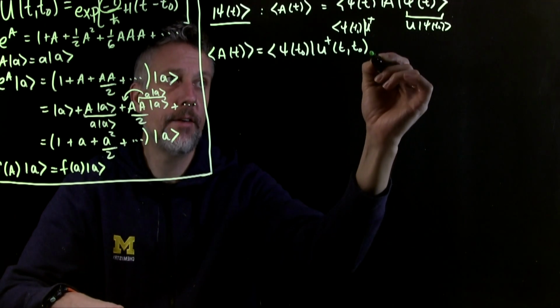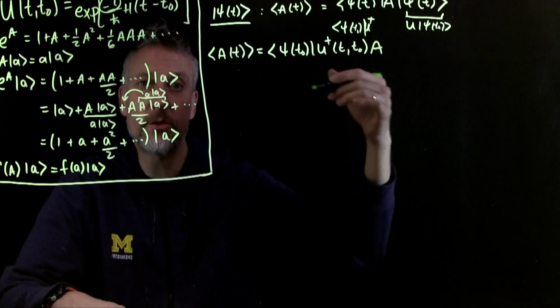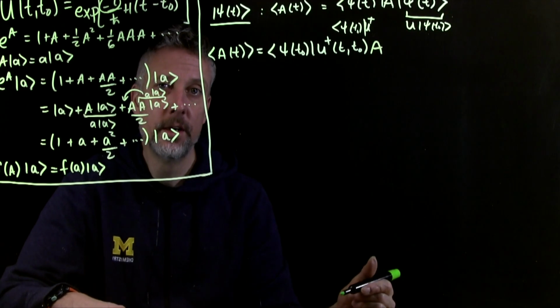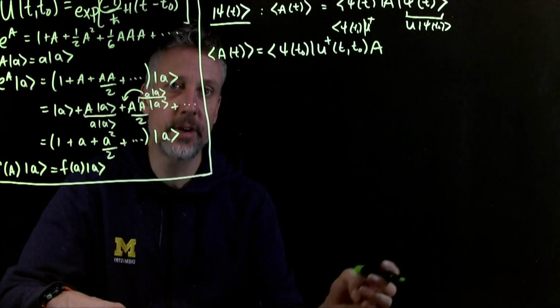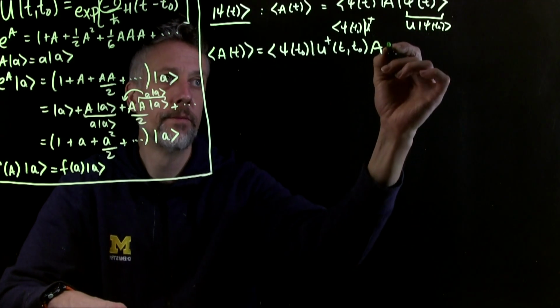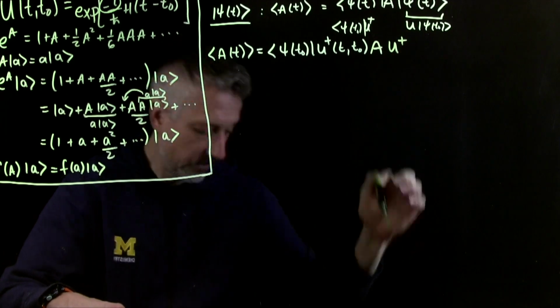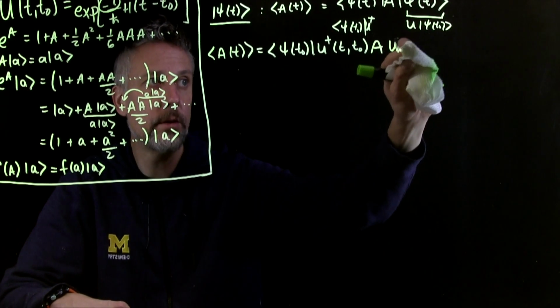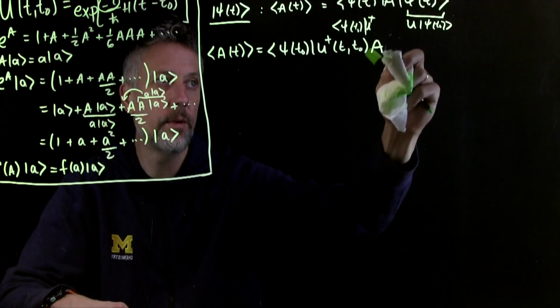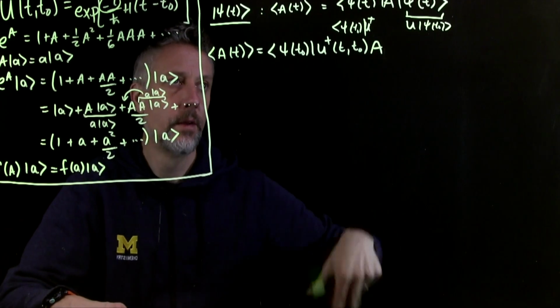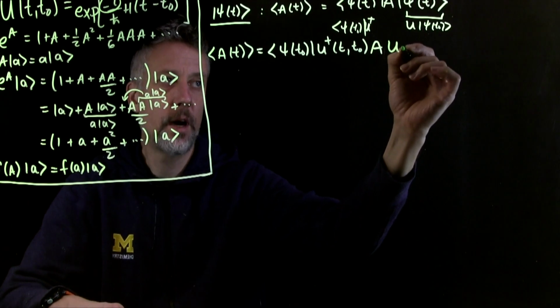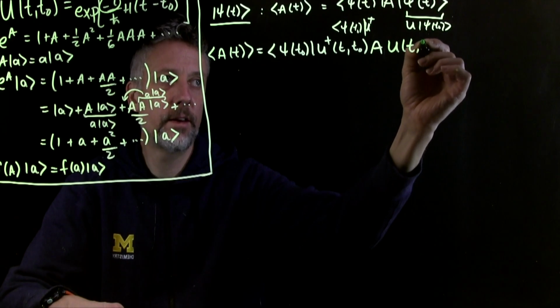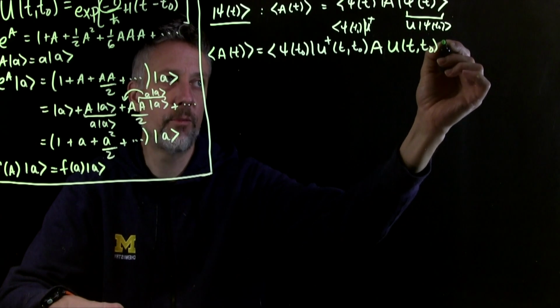Then we have A. For now, we're assuming that the operator itself, A, does not have any intrinsic time dependence. You can, of course, include the case where A did have some time dependence, but here we're not doing that. If you were thinking of the expectation value of position, the position operator doesn't change.